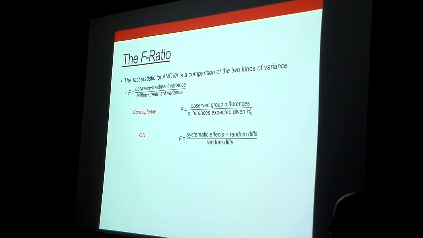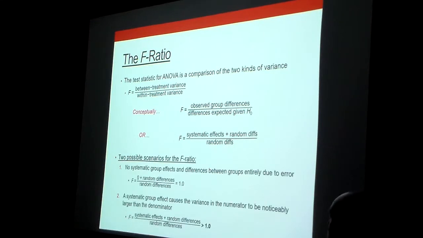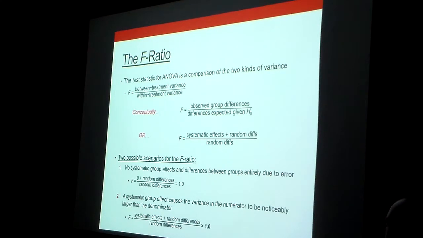And so conceptually, our F ratio is made up of between treatment variance, which is our systematic effects plus our random effects, over the top of just our random differences. What we end up with is two possible scenarios, right? If we have no systematic group effects, and our differences between our groups are entirely a product of random error, some type of error that we haven't accounted for, we have zero systematic effects.